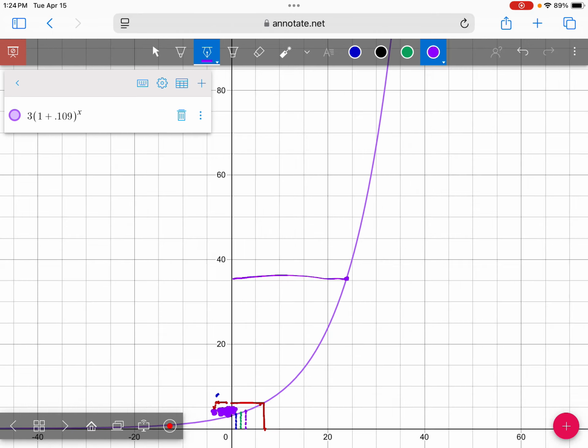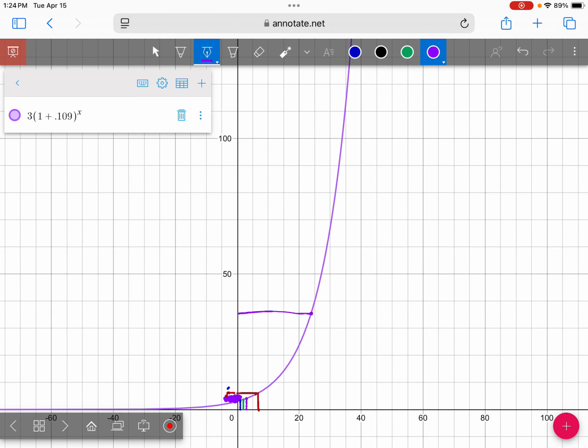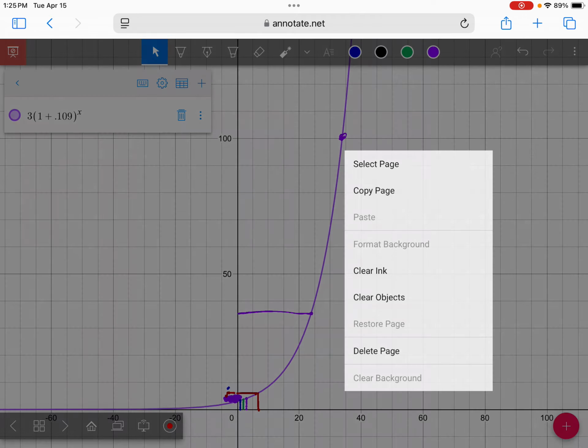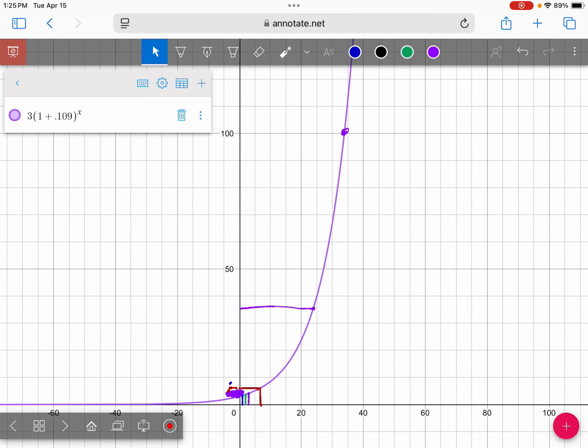So if we want to see when they hit 100, to get to 100 snails, we're right about 34 months, which is less than 3 years.